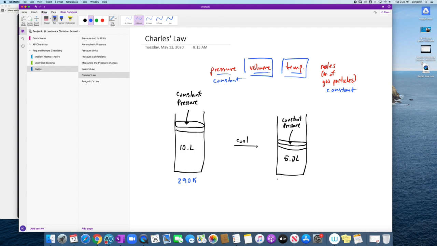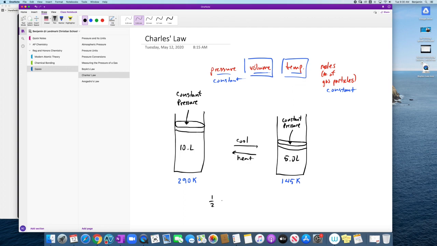And let's say we cool it really, really cold down to 145 Kelvin. That's half the temperature on the Kelvin scale, right? And we notice we get half the volume. And if you think about the reverse process where we heat it, if you could heat it up from 145 Kelvin up to 290 Kelvin to double the temperature, you get double the volume.